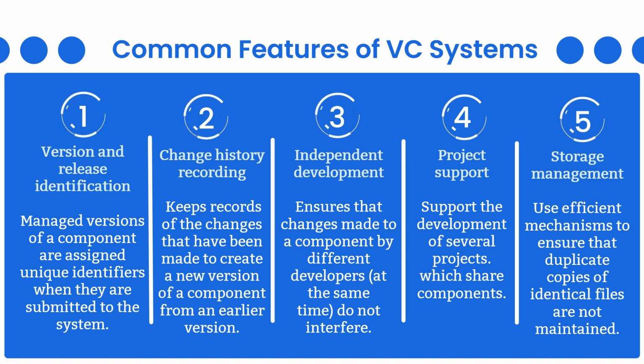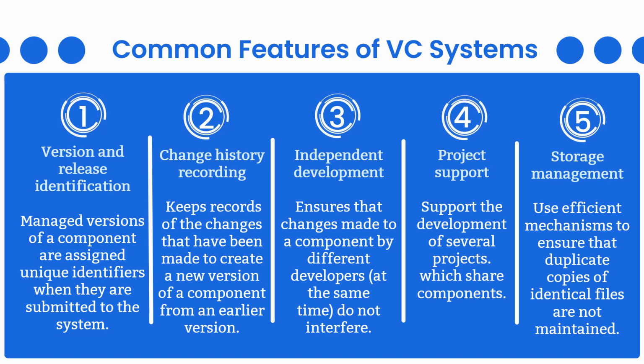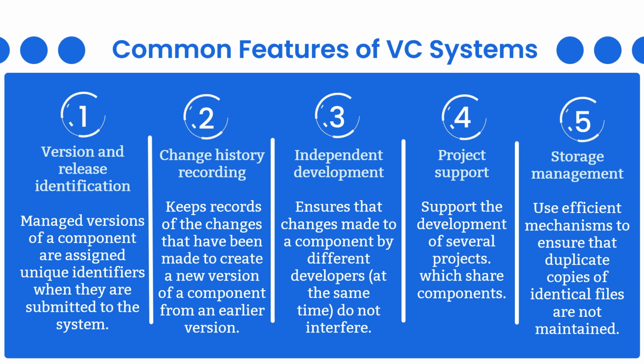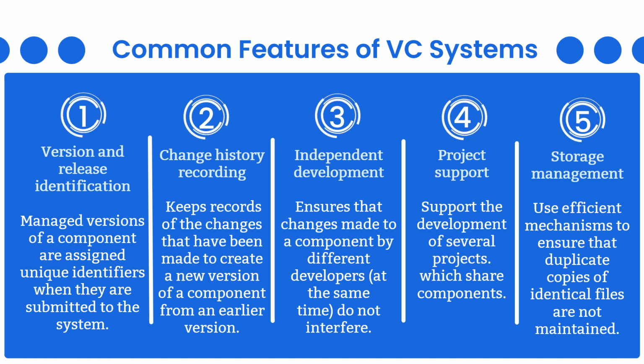Storage management, where rather than maintain separate copies of all versions of a component, the version control system may use efficient mechanisms to ensure that duplicate copies of identical files are not maintained. Where there are only small differences between files, the VC system may store these differences rather than maintain multiple copies of files.